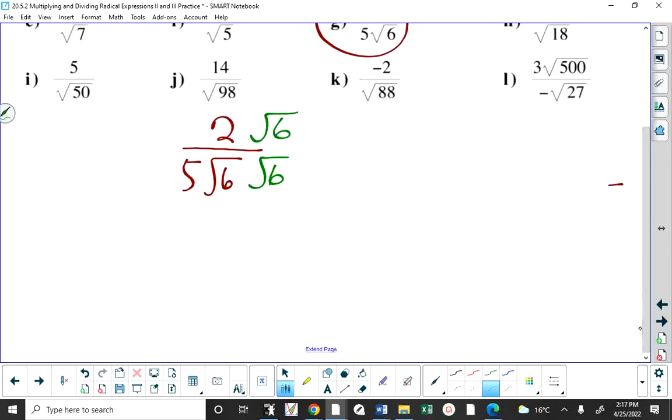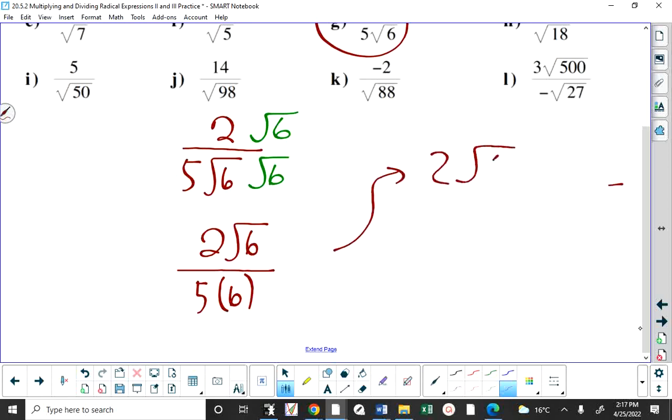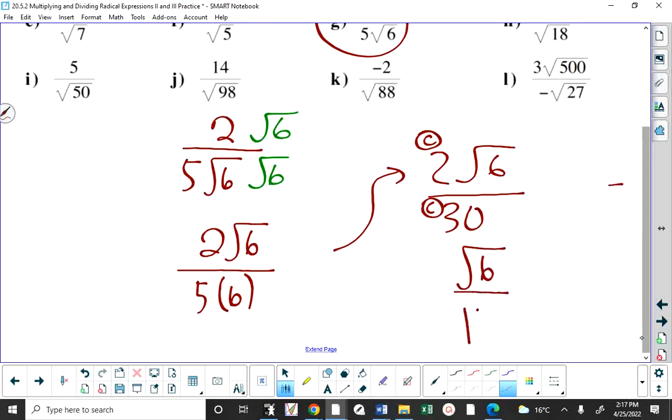So now what we're going to get is on the top 2 root 6. On the bottom 5 times 6, because root 6 times root 6 is 6. So we get 2 root 6 over 30. Well, now we have a coefficient and a coefficient, which can be divided. 2 over 30 is 1 over 15. So you get root 6 over 15.